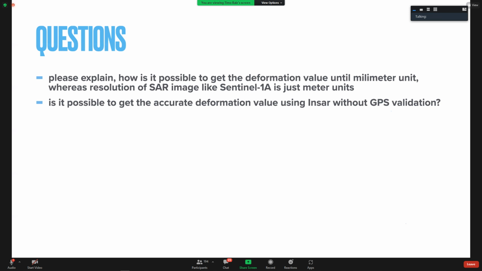Now, in terms of the second question, actually, the second question in itself is missing some kind of logic, because validation would just be to validate your results. You would get your accurate deformation value anyway without validation, right? You get your values, and they're hopefully independent of whatever you validate them with. So the answer would always be yes, I get the deformation value certainly without validation.